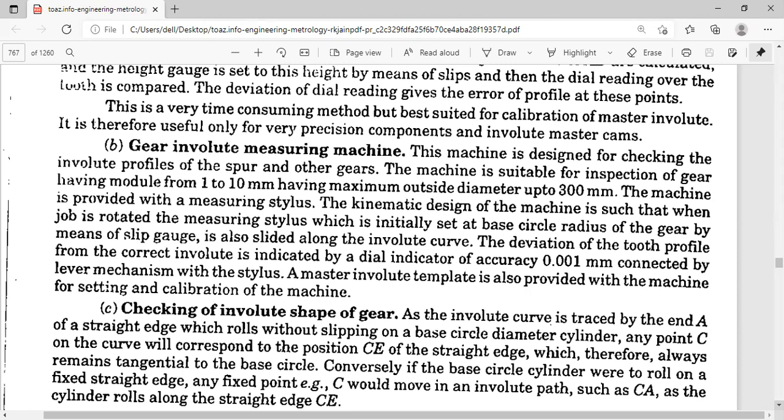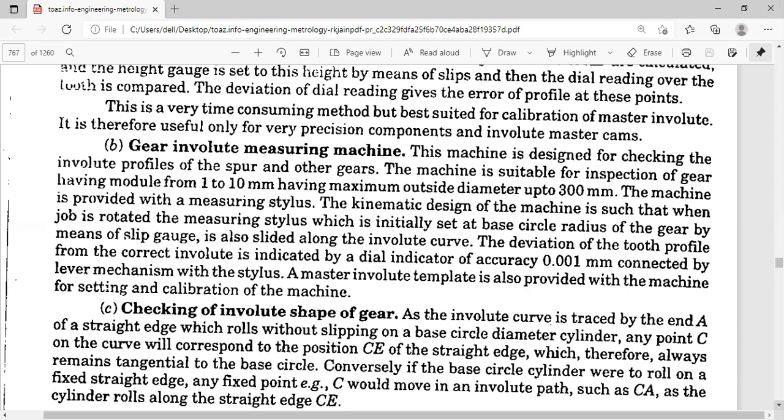What you try to do with this straight edge is roll it around a base circle of the gear without any slip motion. Here you are taking the dial gauge into consideration. The stylus of the dial gauge, or the plunger of the dial gauge, is the extended portion beneath the dial indicator.